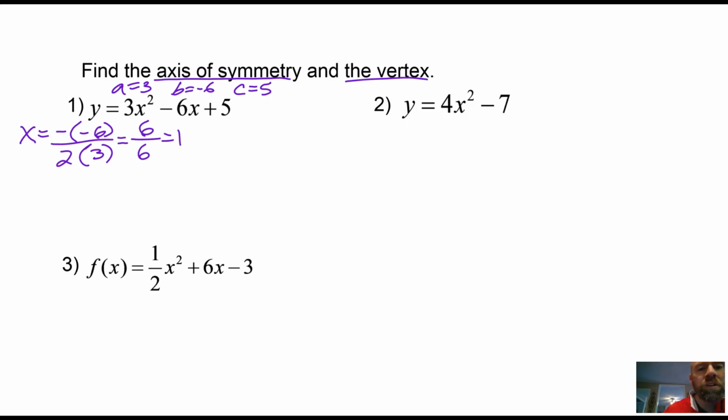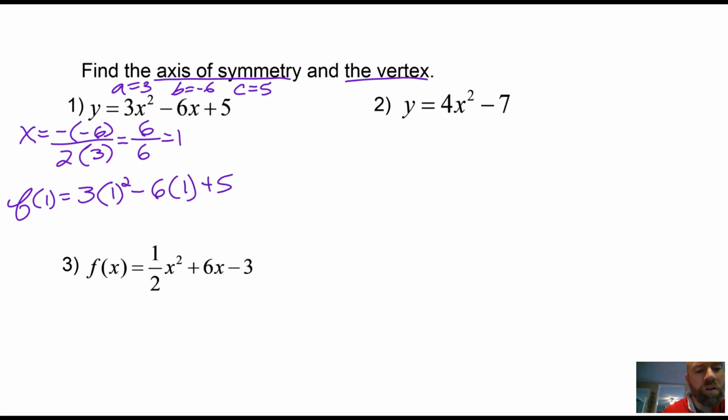All right, so the vertex of my parabola is found where this x value, x equals 1, is substituted into my function. So f of 1 is equal to 3 times 1 squared minus 6 times 1 plus 5.